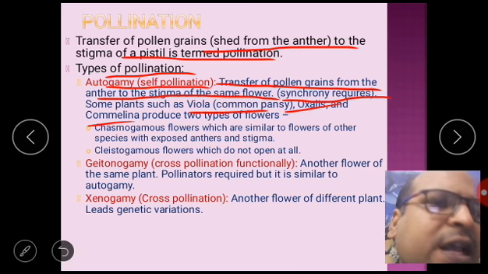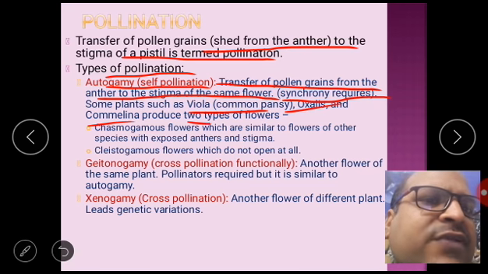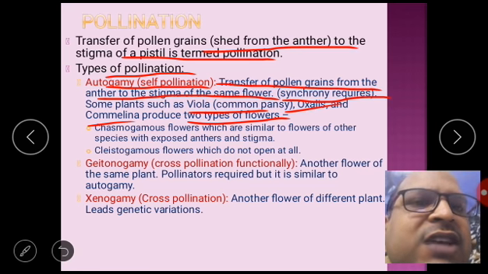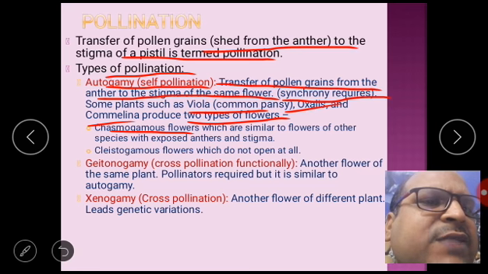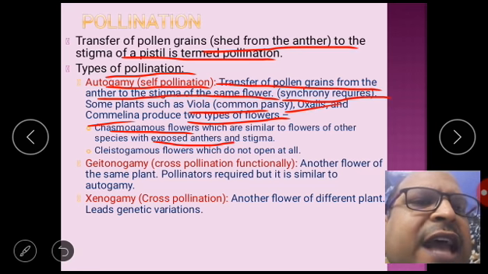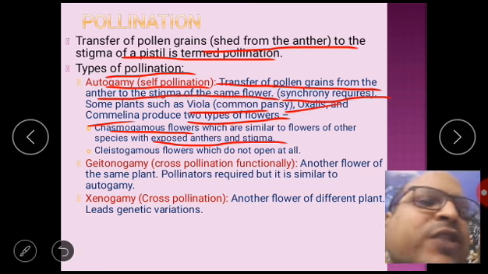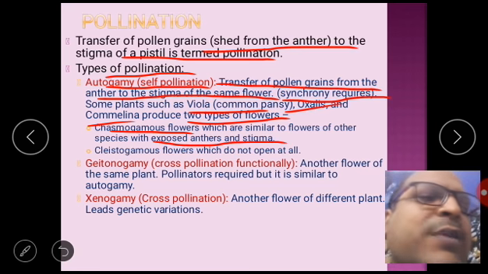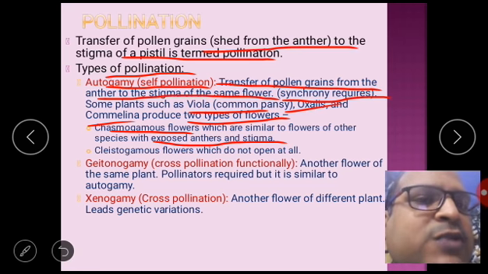Here you see, usually two types of flowers are produced. One is chasmogamous flowers, which are similar to normal flowers and expose the anthers and stigma. That means both anther and stigma are exposed, so there is a chance of cross pollination.